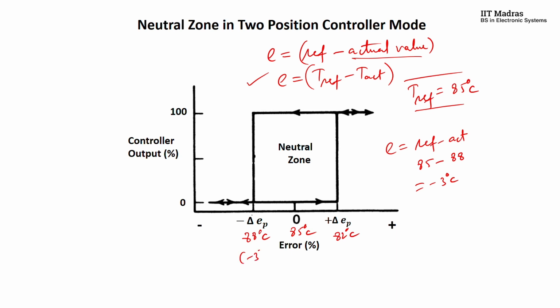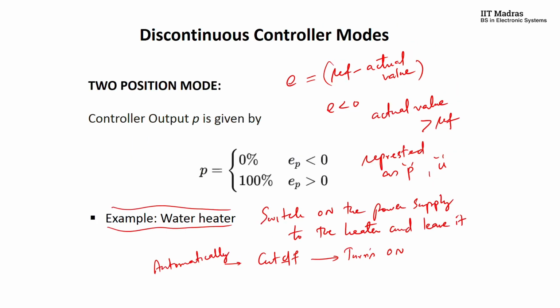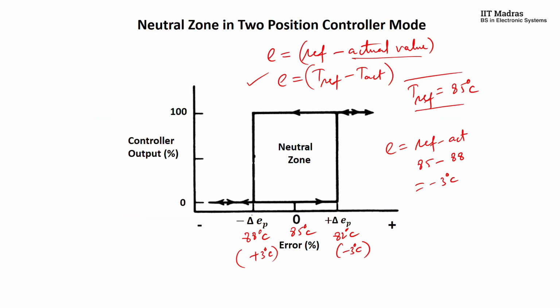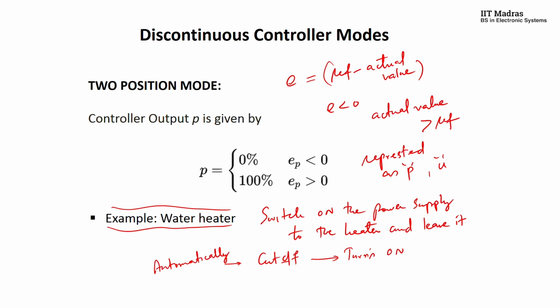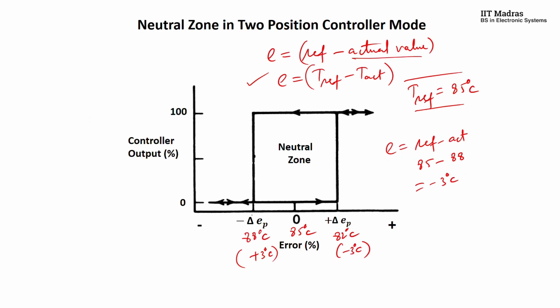So this is plus 3 degrees and minus 3 degrees Celsius here. With this we can understand the principle of something called the neutral zone. The band which I was talking about previously can be understood with this example.